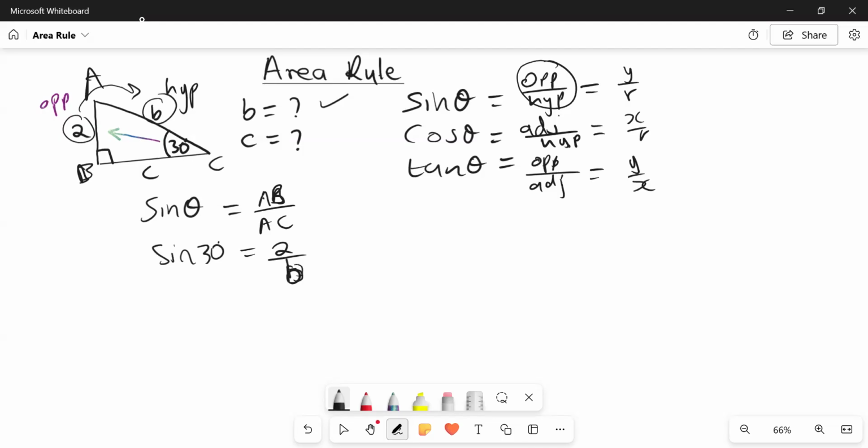And from here, at this stage, that's when you can start applying your mathematical gymnastics, right?